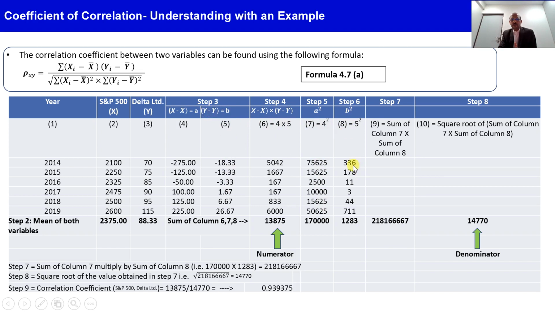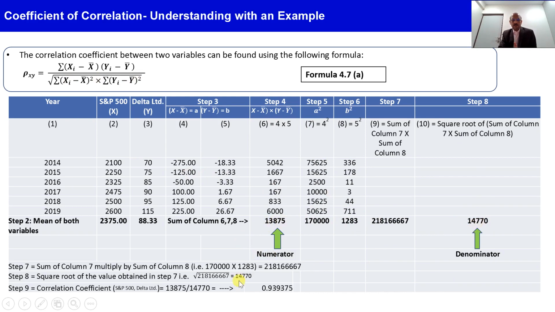So we get each value here, and then take the total summation of a squared and summation of b squared, and then we multiply this summation with this summation. So we get a value of this much, and the square root of this value, 218166667, is 14770. So this 14770 becomes our denominator in this formula.